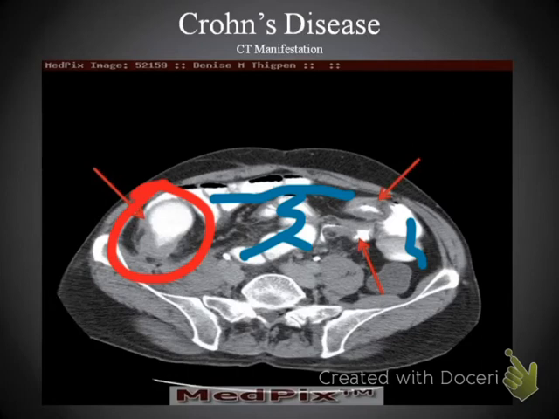And so because of that, we have skip lesions. And once again, skip lesions are going to be what really defines Crohn's disease and really separates it from colitis. Because in Crohn's disease, you don't have all of the bowel affected. And so that's something to keep in mind and will help you as you're looking at CTs and trying to define what is actually going on based on the patient's symptoms and what you're seeing on the images.